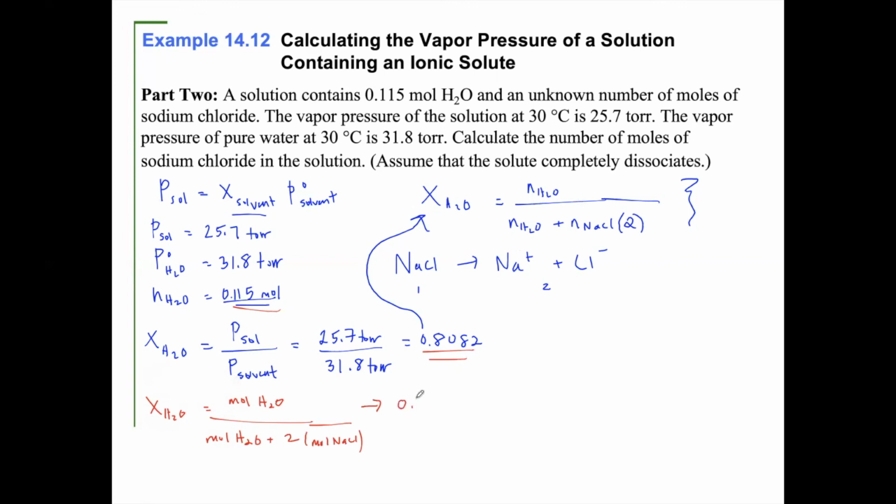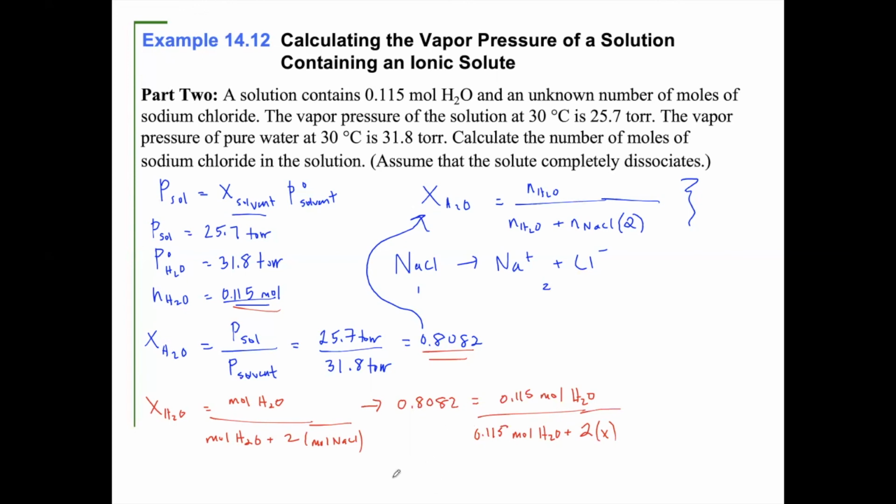So 0.8082 actually equals the moles of water, 0.115, divided by 0.115 moles of water plus, I'm just going to call this X because I don't know what it is yet. Okay, so we have to solve for X.